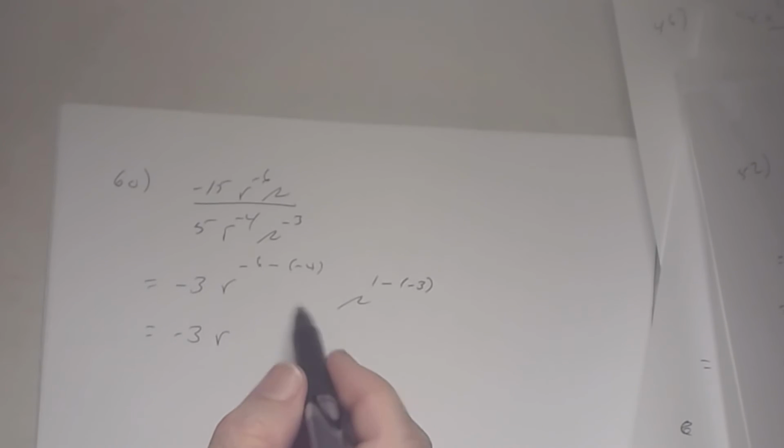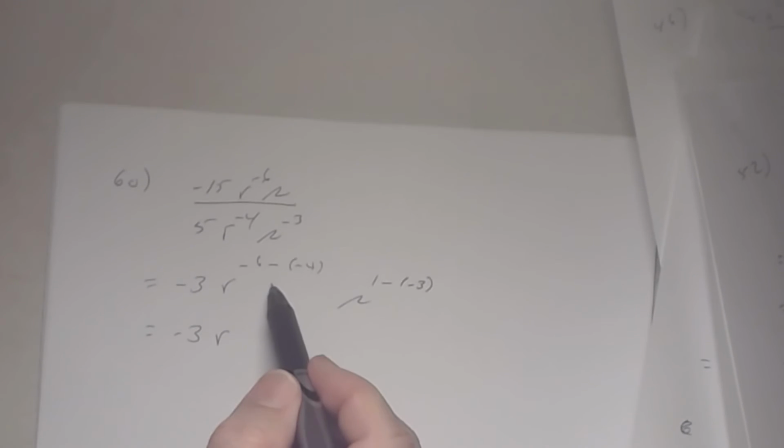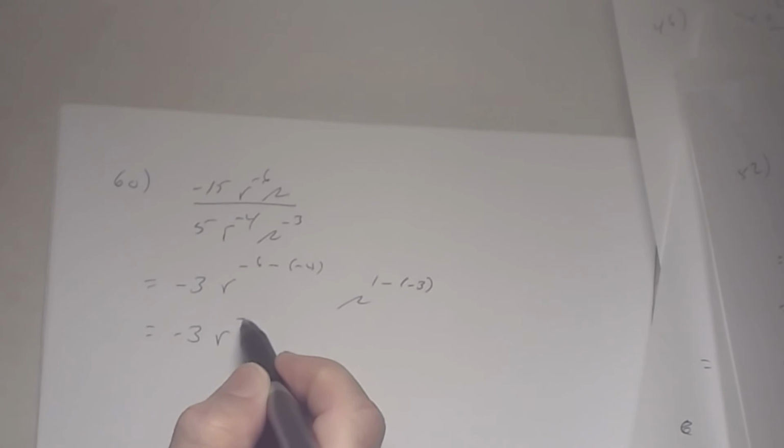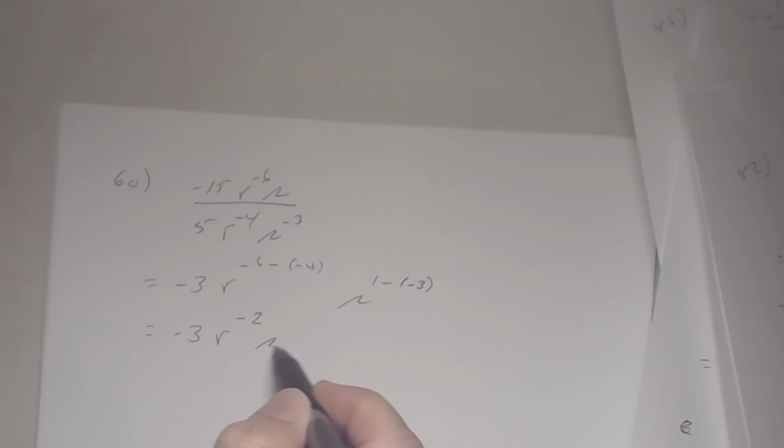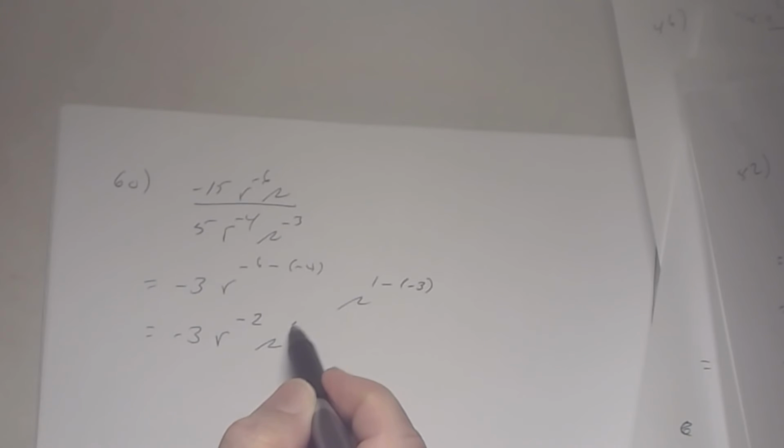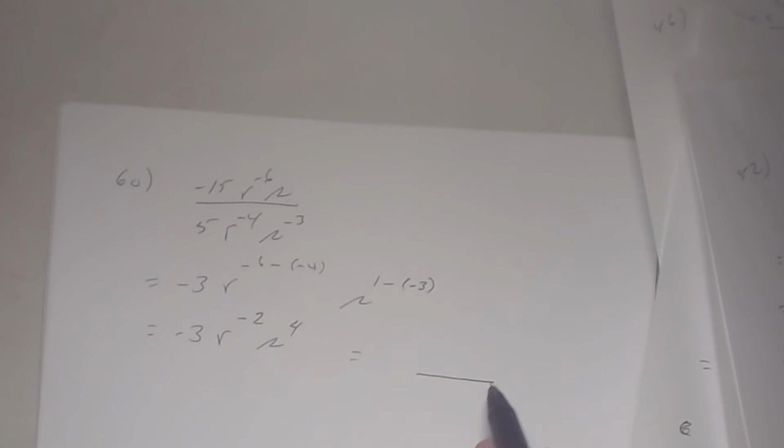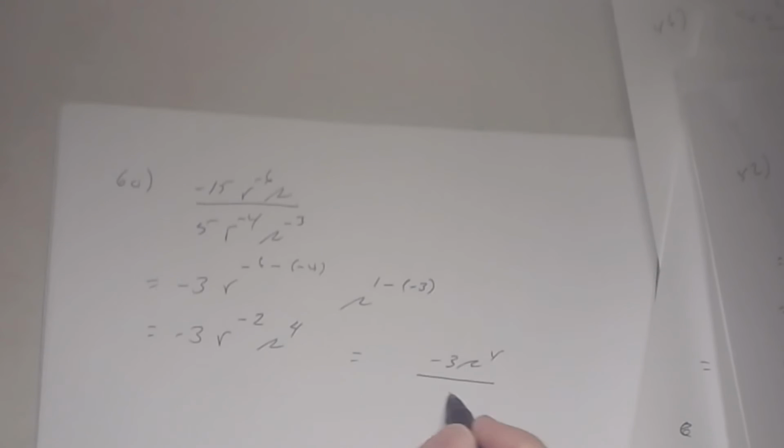Is that correct? So it's negative 6 plus 4. What's negative 6 plus 4? Okay. Times S to the 4th. All right. So just going to ask you, what do you think is going to be the numerator of my final answer? Yep. What's going to be the denominator? R to the second.